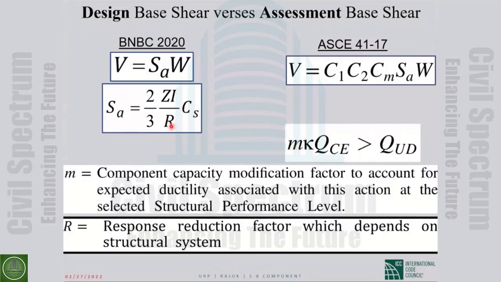The difference is that in new buildings we have one R for the whole building, but here for each element we have a different M, because in existing buildings some elements can be well detailed, some are not well detailed. So if you want to use one R, it will be based on the worst element. So this way is not economical at all.